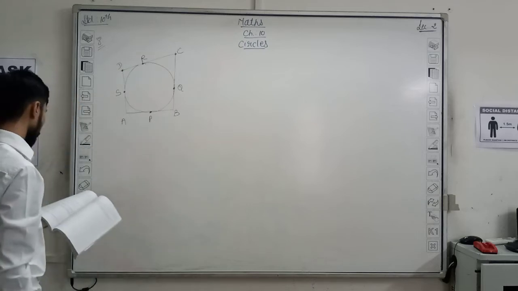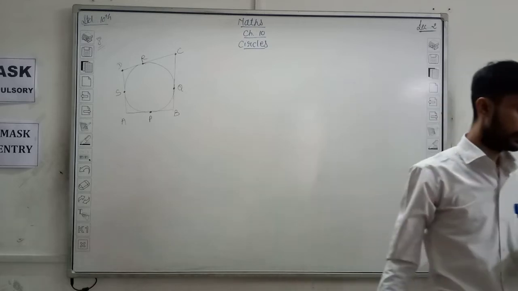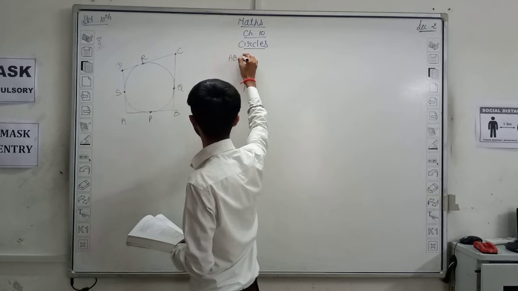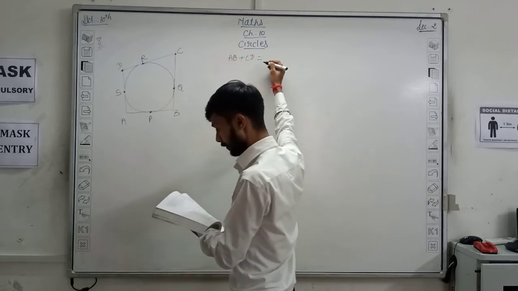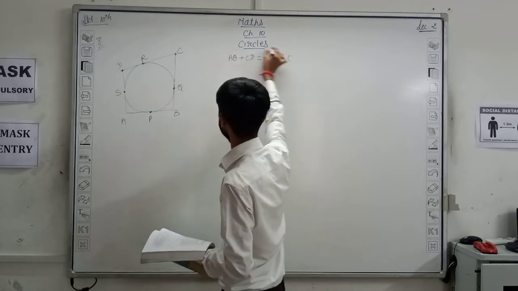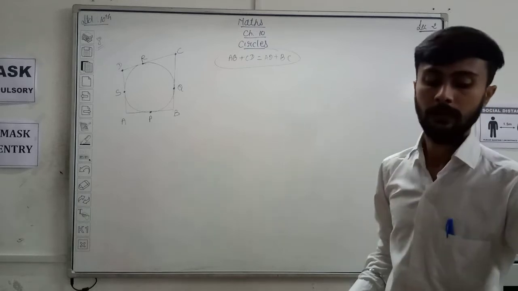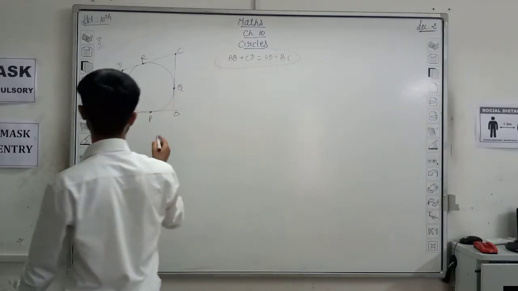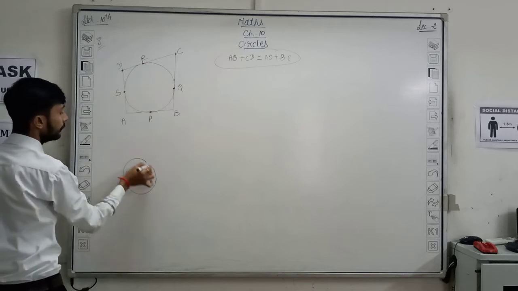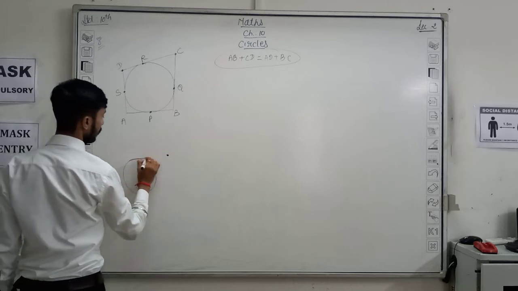Okay. Now, a quadrilateral ABCD is drawn to circumscribe a circle. Prove that AB plus CD equals AD plus BC, right? So we need to prove this statement. For this, as I said, suppose we have a circle and suppose C is outside the circle.